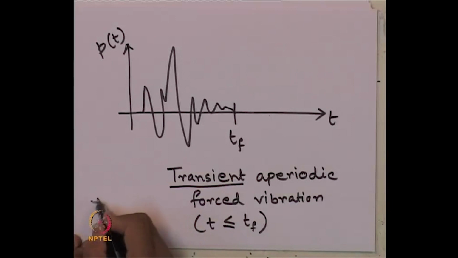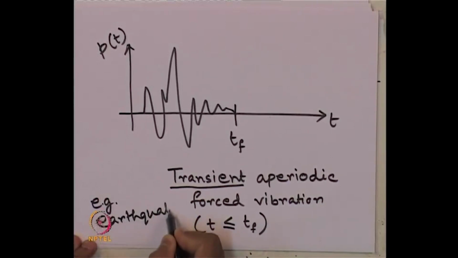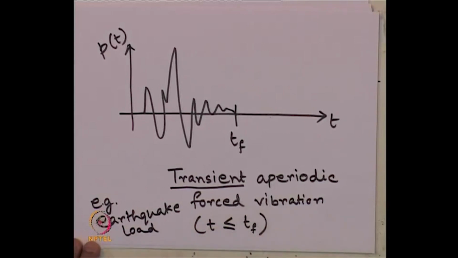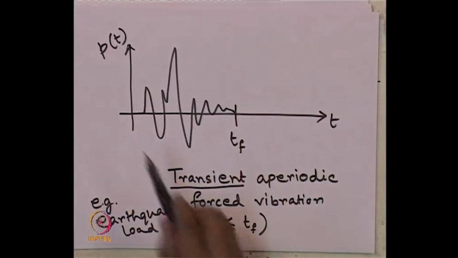What is the example of this transient type aperiodic forced vibration? For example, earthquake load. That is a good example of transient type aperiodic forced vibration, because an earthquake occurs for a finite duration of time.